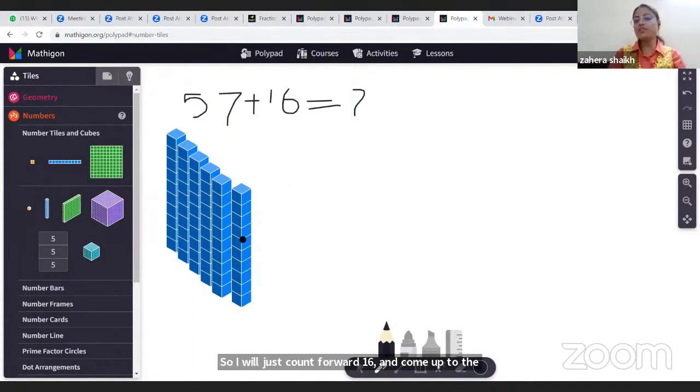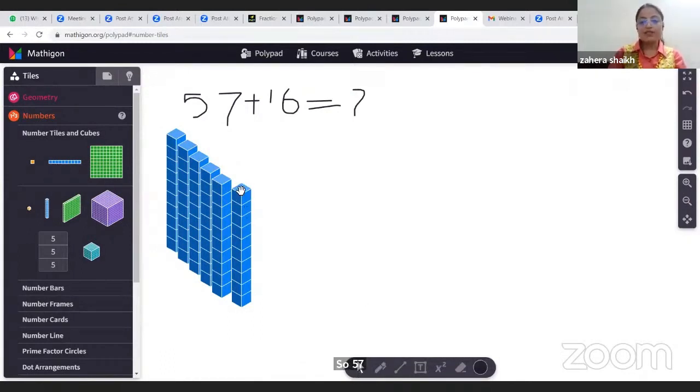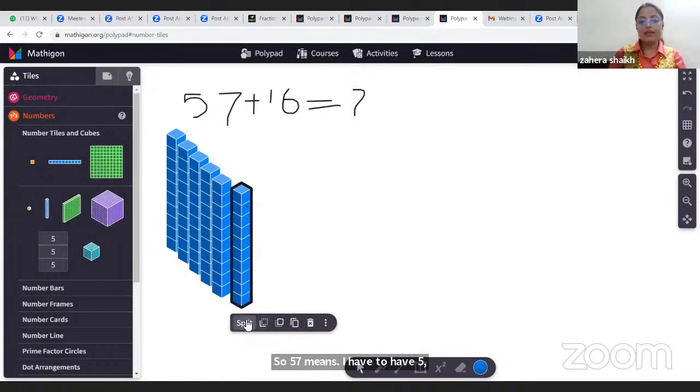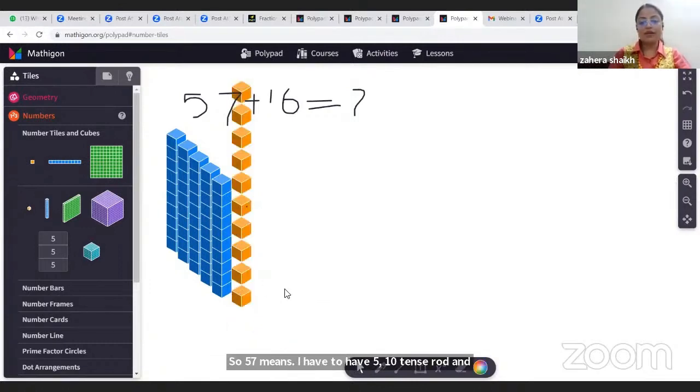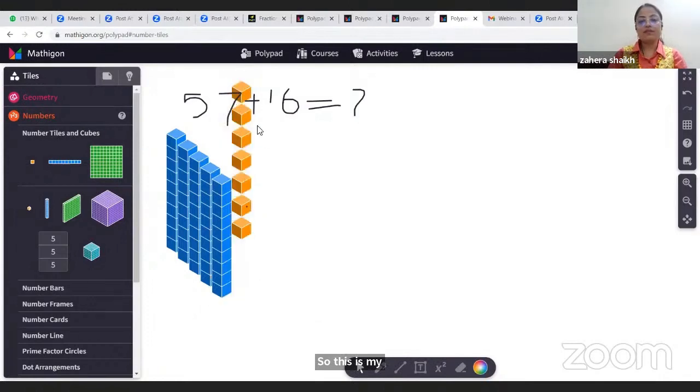But if I am using this manipulative to understand what would be the sum, what would be the total, I'm going to represent the numbers first. So 57 means I have 5 tens rods and 7 ones. This is my 57.